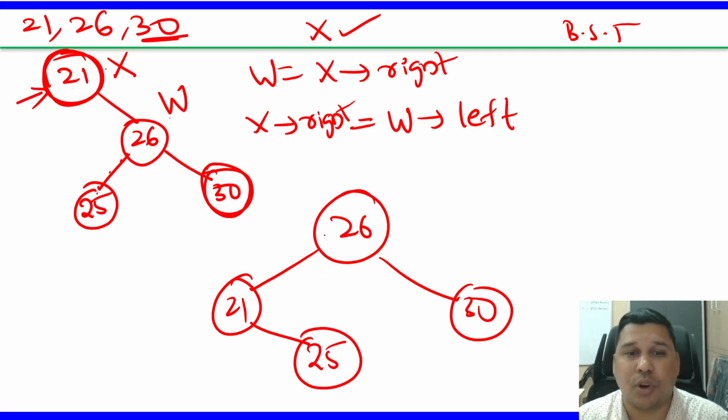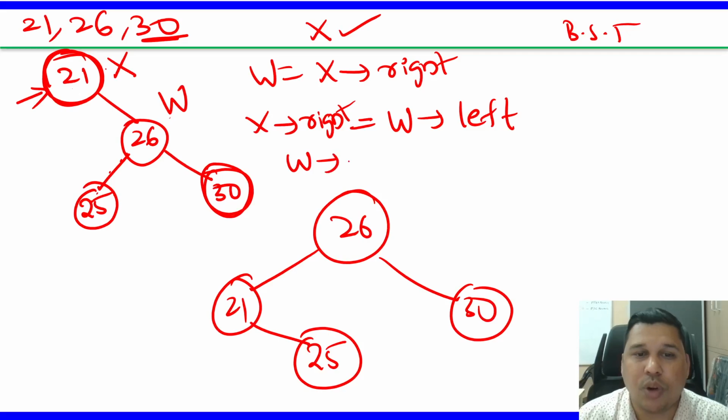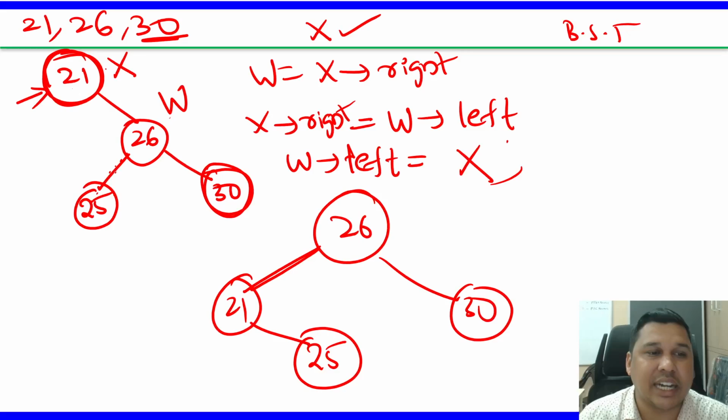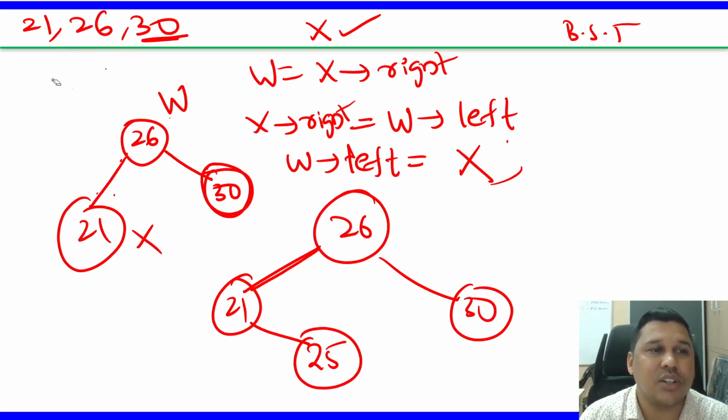Now w's left will be x. This left we have deleted and attached to 21. So, this got deleted now, this side is empty. I am deleting this node and linking here x, 21, like this. Now, this is also deleted.